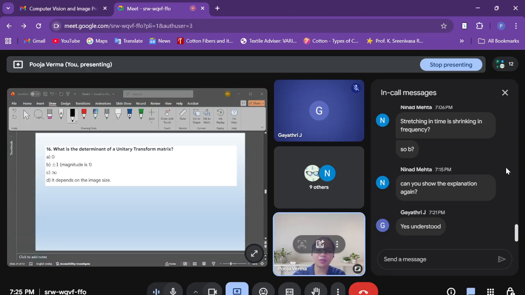Would anyone like to answer this question at least? What is the determinant of the unitary transform matrix? Please try to answer. Then we will see the detailed solution here.